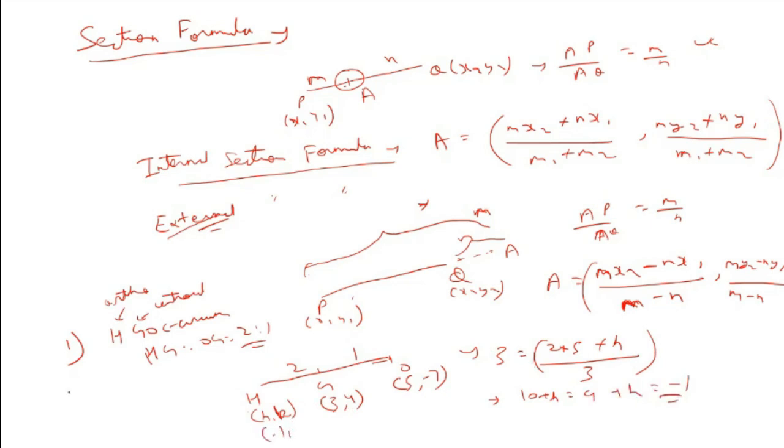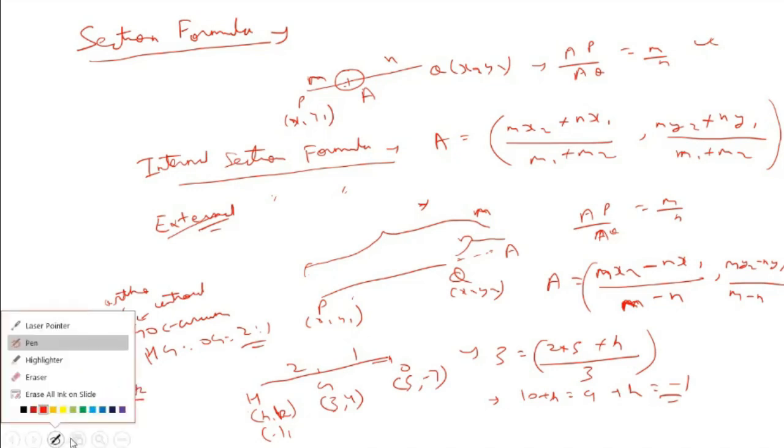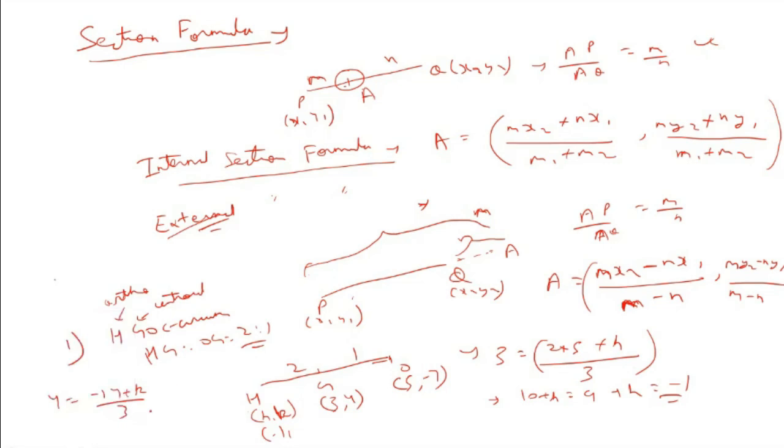K also similarly, just writing it here. So basically we know that this point is 4. So crisscross, 2 into -7, which is -14, plus 1 into k, which is k, upon 3. So k will be equal to nothing but, this is 12 plus 14, so k will be equal to 26.